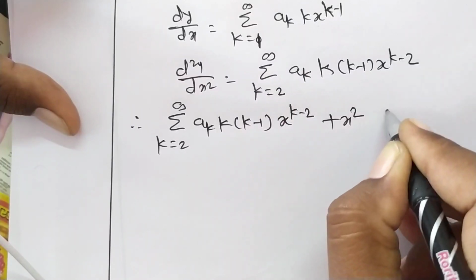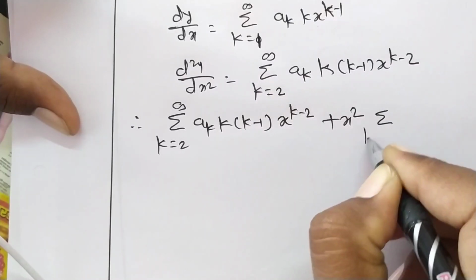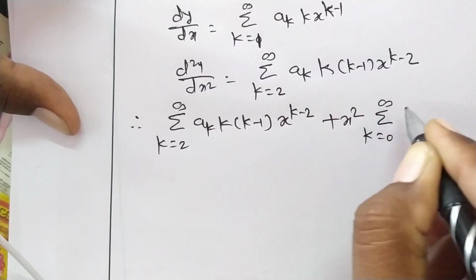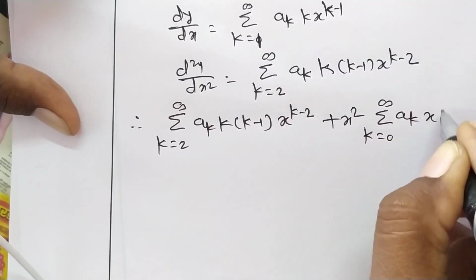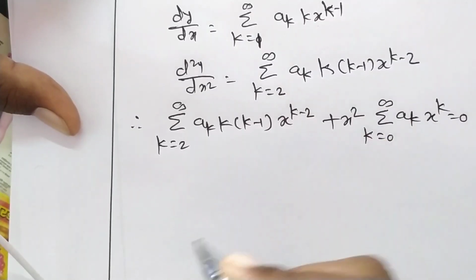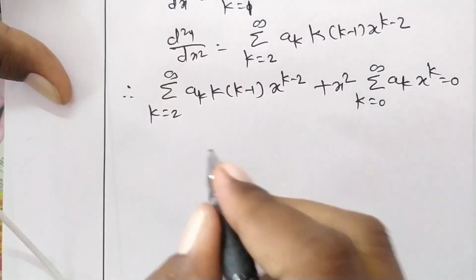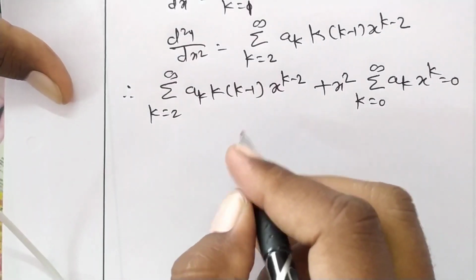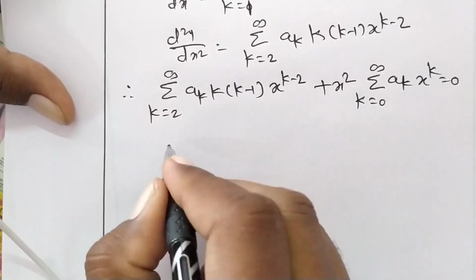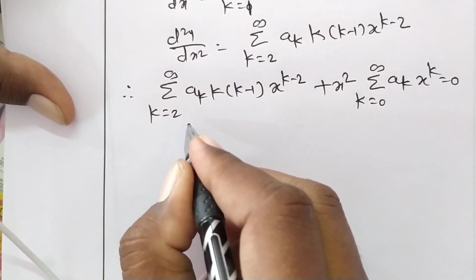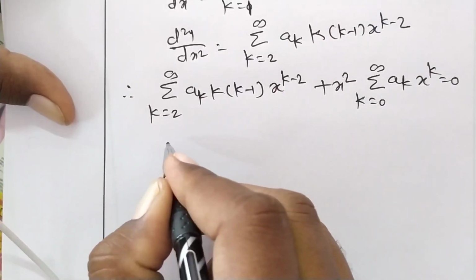Now the value of y is summation of k varies from 0 to infinity ak into x raised to k, equal to 0. So this is the given linear differential equation, and now we have to find its solution.